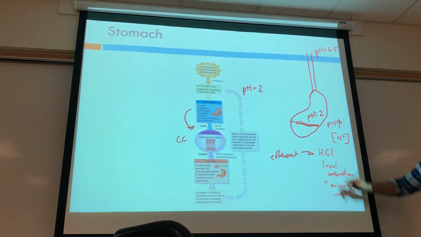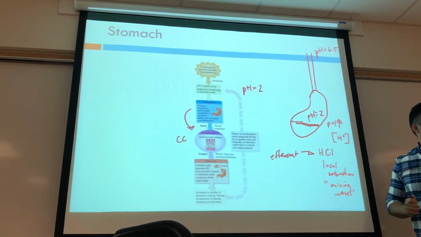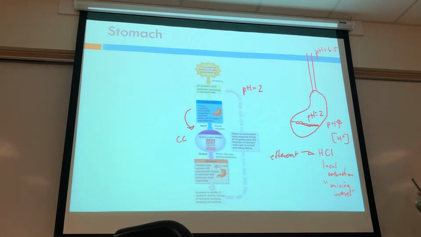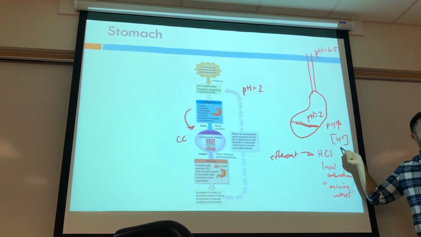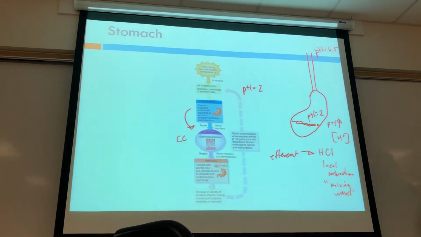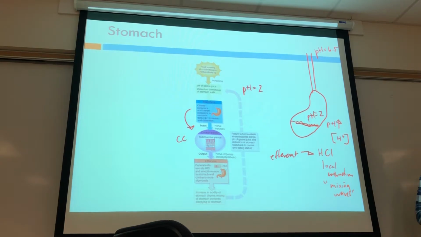And we have chemoreceptors that will detect the changes in the pH, or in other words, the changes in the concentration of hydrogen ions relative to the entire volume. So the chemoreceptors detect the changes and feed that back to the control center, which will signal the production of hydrochloric acid.